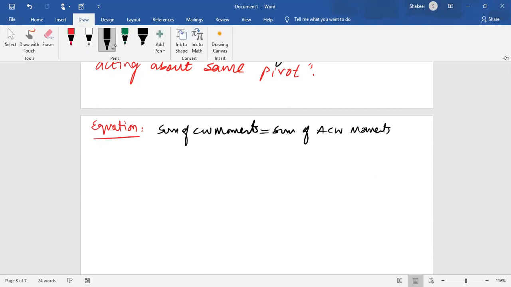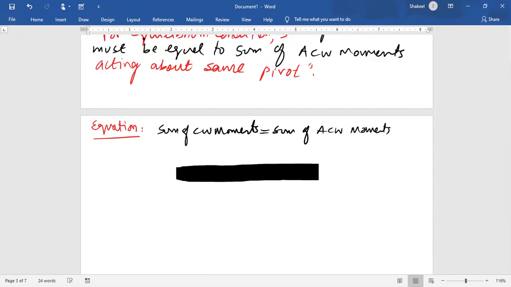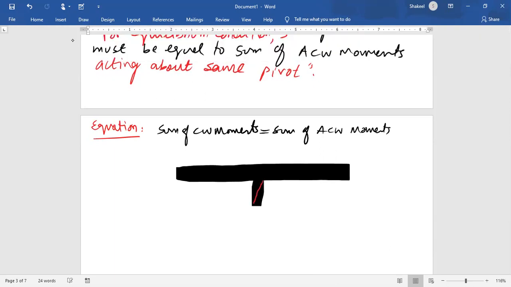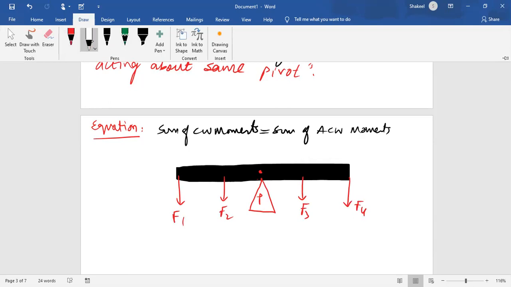And well, the example can be, let's say again, this is a beam, and let's say this is the pivot, and let's say this is force F1 and this is F2, F3 is from here and F4 is from this edge, and all these forces are having distances.